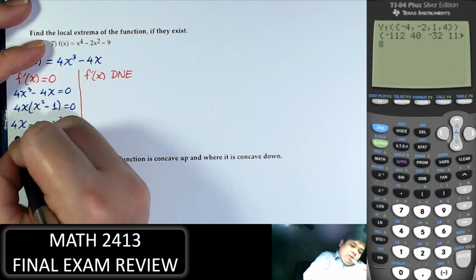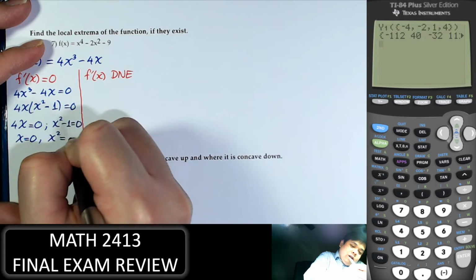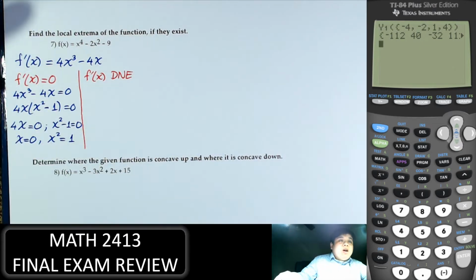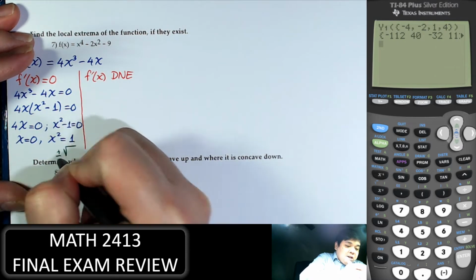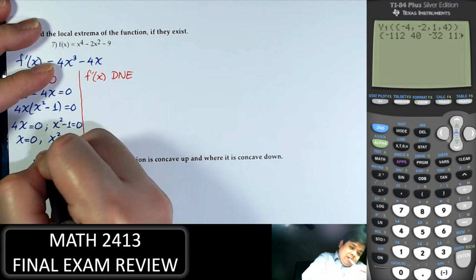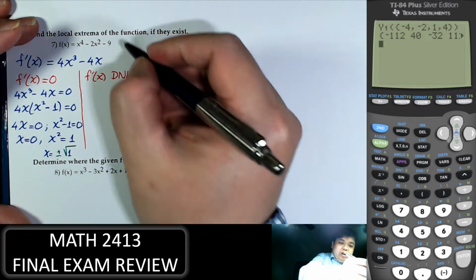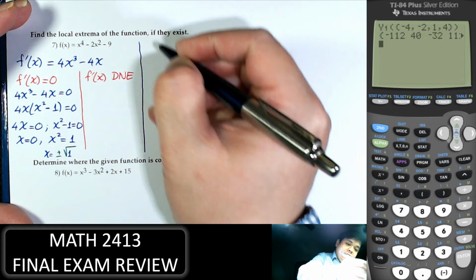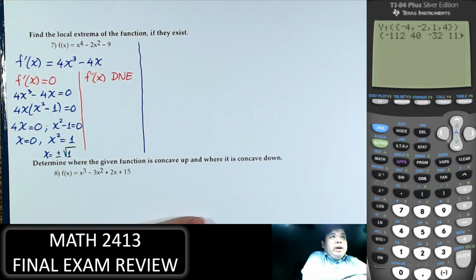So x squared equal to 1. Take the square root on both sides. Don't forget there's a plus or minus. So x equal to 1 and x equal to negative 1. So we have x equal to 0, x equal to 1, and x equal to negative 1.